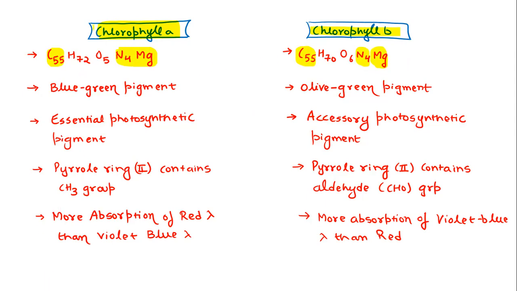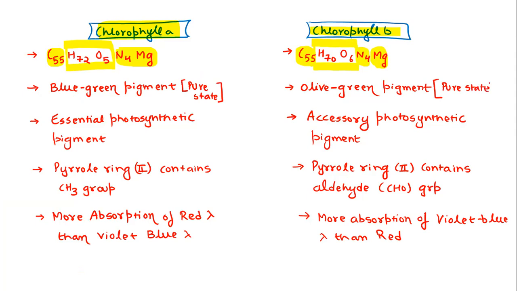The difference comes in this particular part, which is H72O5 in case of chlorophyll A and H70O6 in case of chlorophyll B. Chlorophyll A, when present in a purified state, is a blue-green pigment in its pure state, while chlorophyll B is an olive-green pigment in its pure state, which is a very important thing.